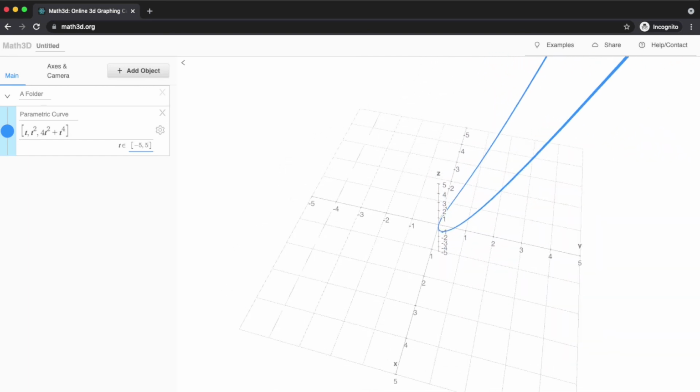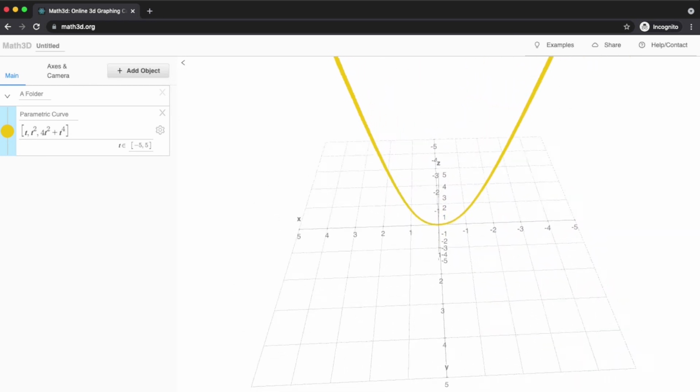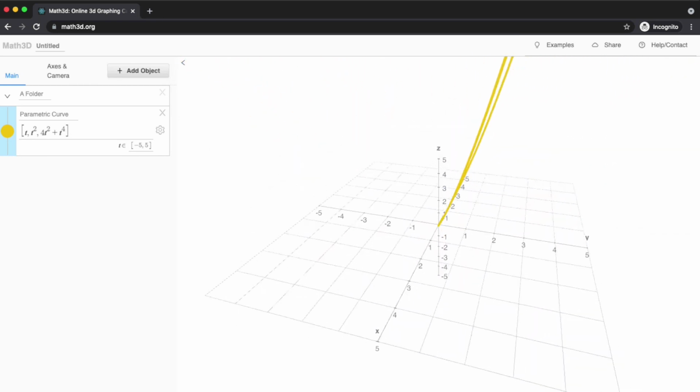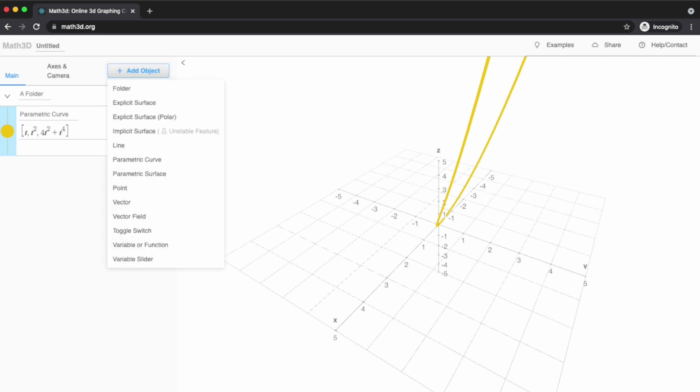I'm going to change its color to yellow. I'm going to bump up its width a little bit just so we can make it a little bit more visible, because what I'm going to do now is say, well, this is the curve of intersection of those two surfaces. Let's plot those surfaces to see that this actually is the intersection curve. To plot the surfaces, the first surface is z equals 4x squared plus y squared. That's an explicit surface because z is explicitly written in terms of x and y.